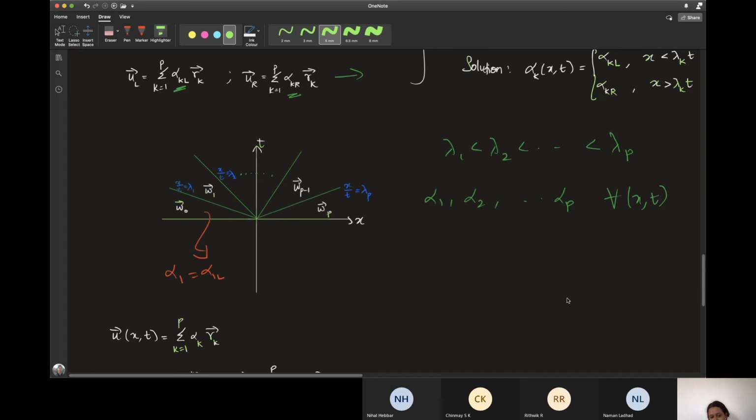Is that clear? Any doubts? No. Okay. So in this region, all of your values will be L only. Whereas if you look at this, any point in this region, you have alpha 1 as alpha 1R, unlike L here, you have R, whereas all others will be L only.